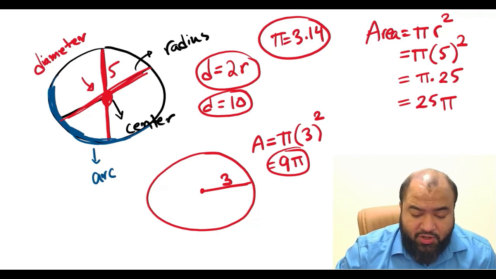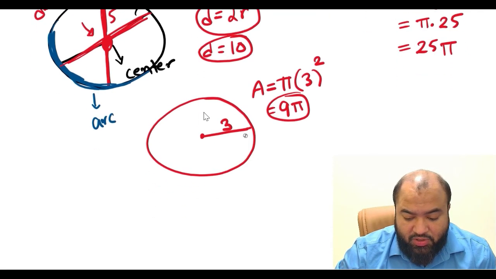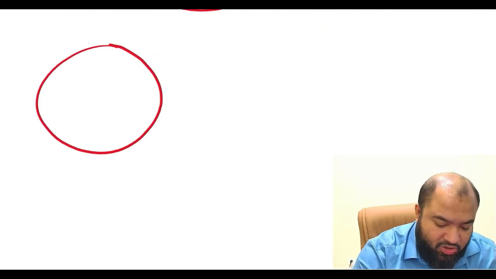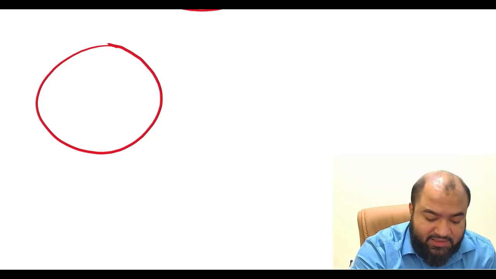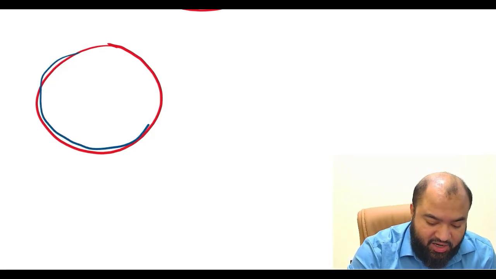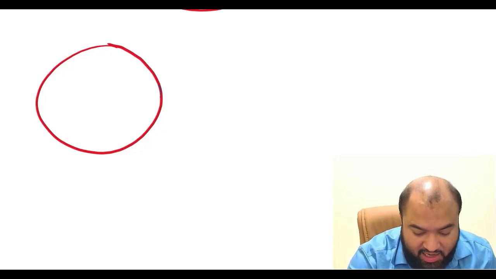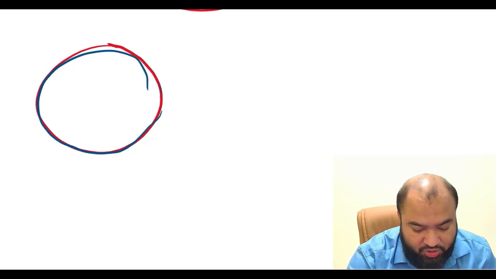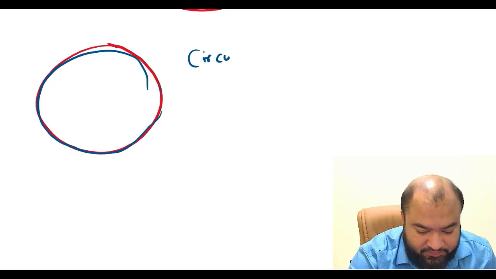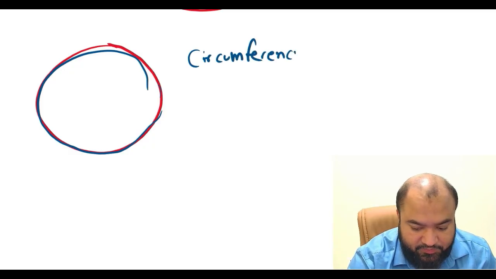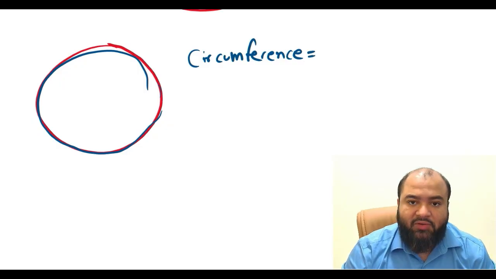Now that we know the area of the circle, we're going to move to the next part. When you have a circle, this line here, remember I called it an arc, the whole thing. I didn't draw it exactly on top, but yeah. This full arc, we call the circumference.